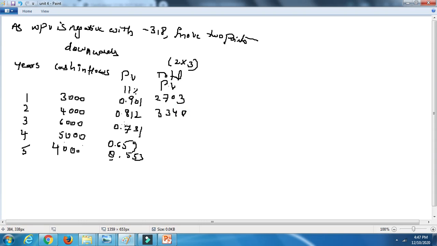Next, if you multiply them, you will get these values: 4,386, 3,295.